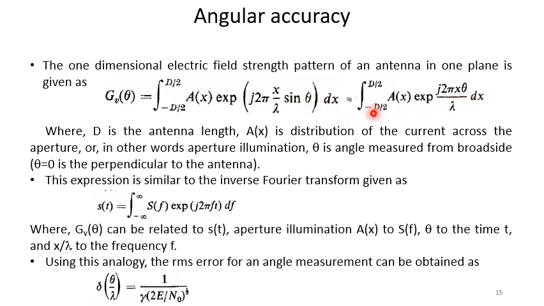So we can write integration from minus d by 2 to plus d by 2 of a(x) exponential j 2 pi x theta divided by lambda dx. The d is the antenna length, a(x) is the distribution of the current across the aperture, or in other words, the aperture illumination. Theta is the angle measured from broadside.